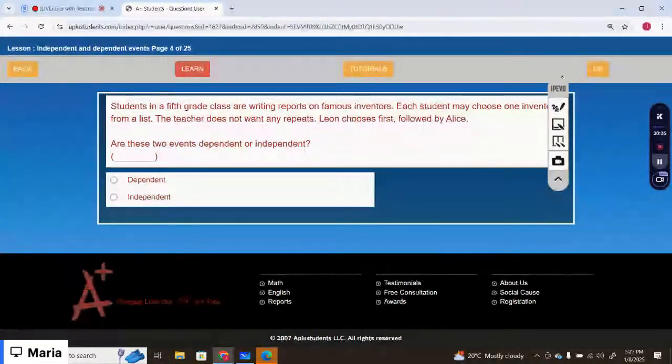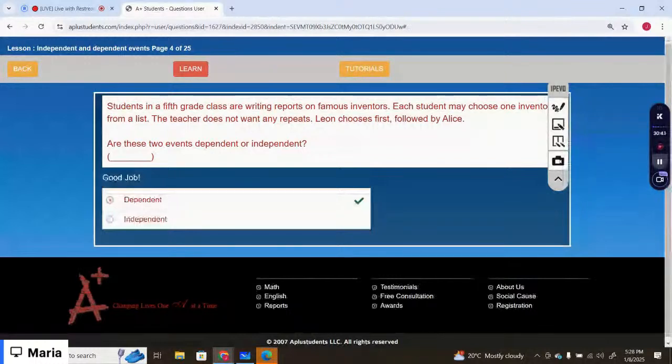They are the dependent events, right? The correct option is option number one because no repeats are allowed. So, that is the dependent event.